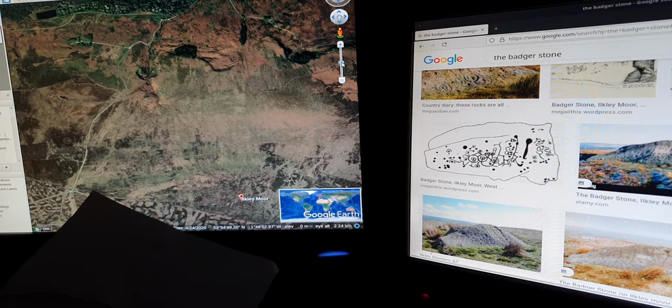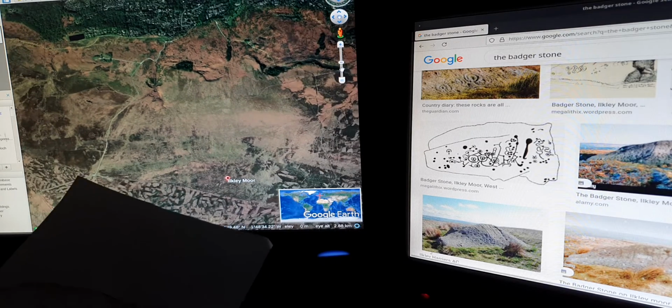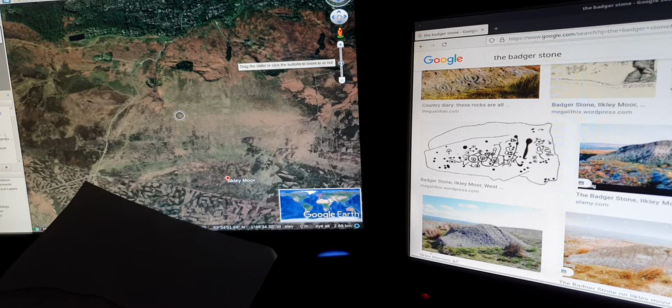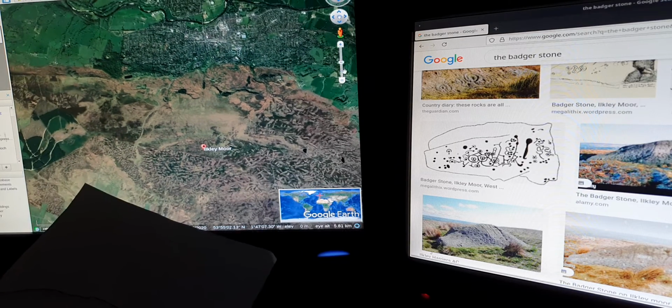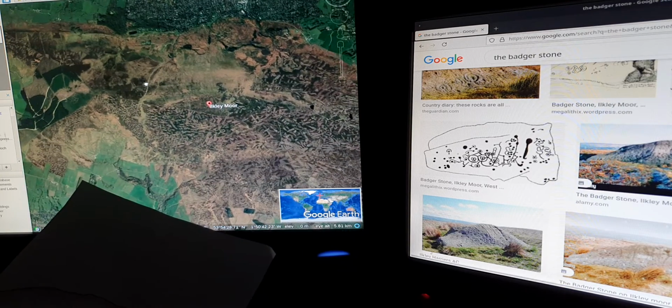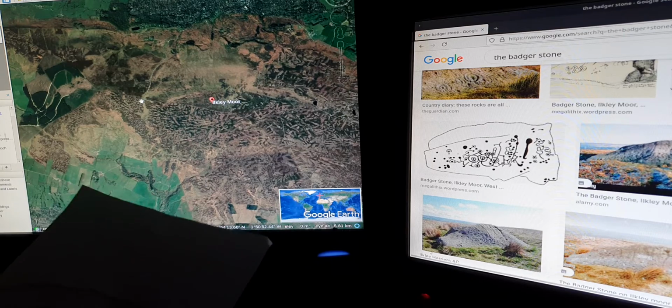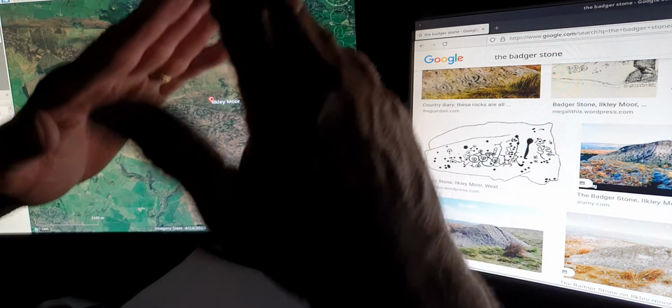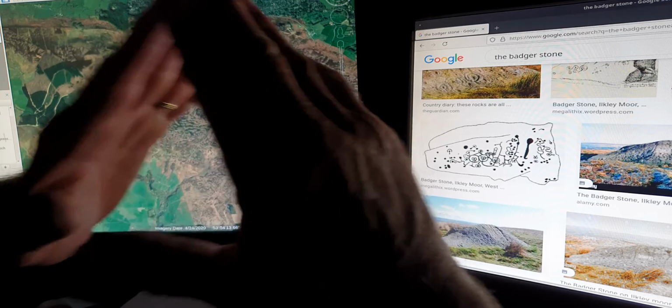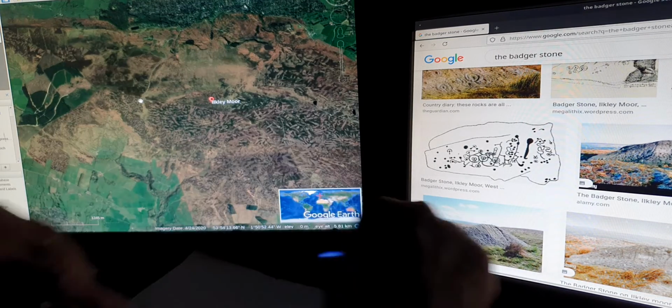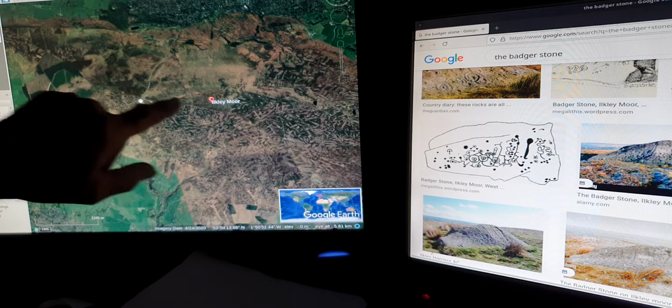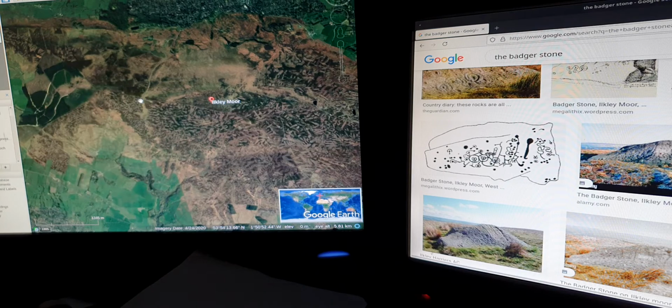And let's have a quick look around at this stone. Now, or the area I should say, that it's in. Now if you have a look here, this stone is like a sort of a ridge line, and that represents a ridge line, I would assume.